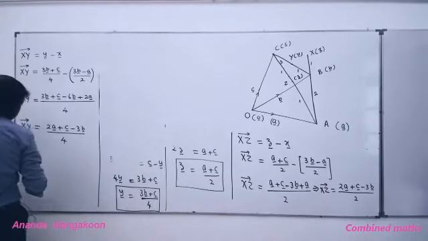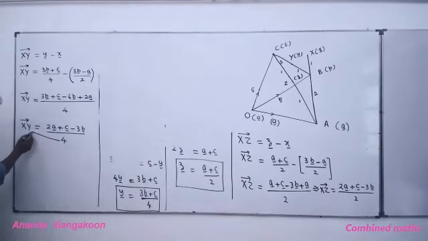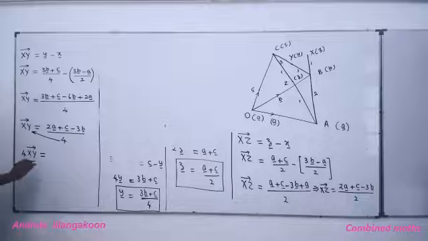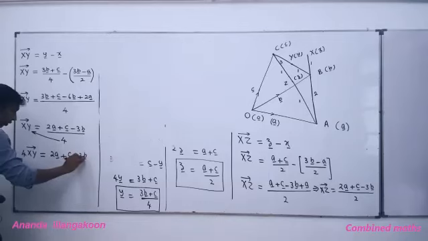I'm going to use cross multiplication for the xy vector, which is equal to 2a vector plus c minus 3b vector.